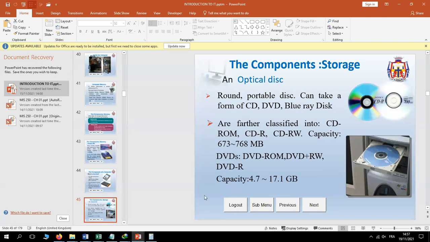So for the CD-ROM, just like I talked about peripheral devices such as a printer that come with their DVDs or CDs that have drivers, with the ROM, you can only read the contents on that disk. Then we have CD-R standing for CD recordable, meaning you can only write once. And CD-RW, you can write many times on the same disk.